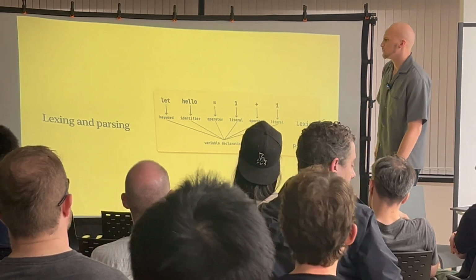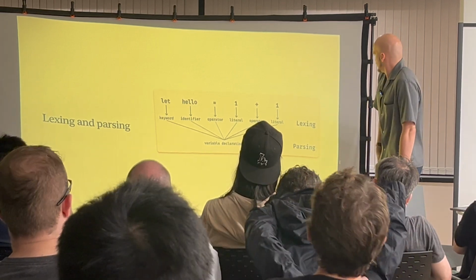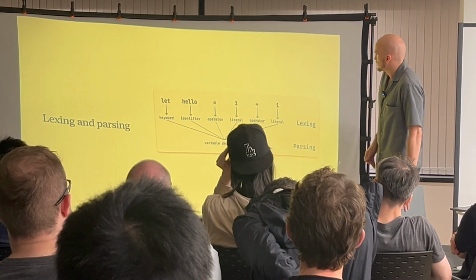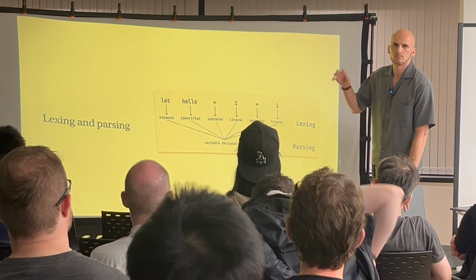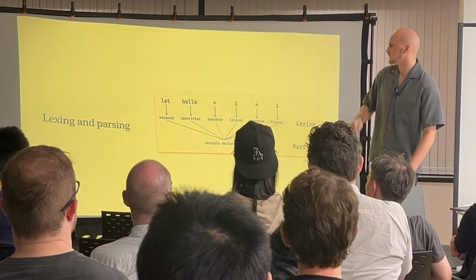Then another approach you've probably at least heard about is lexing and parsing. The idea is that we're going to break down the parsing into two steps, the first being the lexing and the second the parsing.